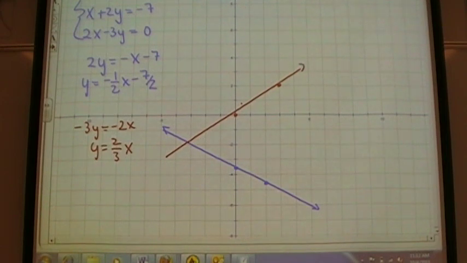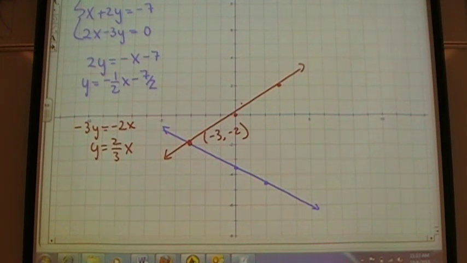If you're using graph paper, this is off a little bit, just because I'm not on paper. But we should intersect at -3, -2. We have to graph it; that's how we're solving these.